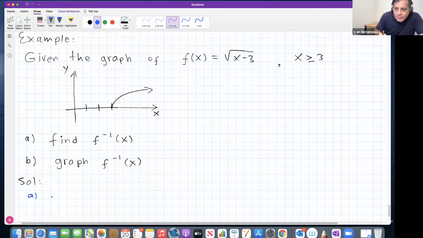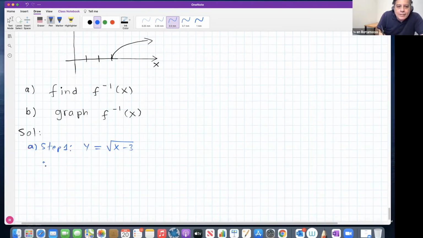So step 1, I replace this f of x with y equal square root of x minus 3. Step 2 says switch the variables. So x should be equal to the square root of y minus 3. Where you see y, you write x instead. Where you see x, you write y instead.